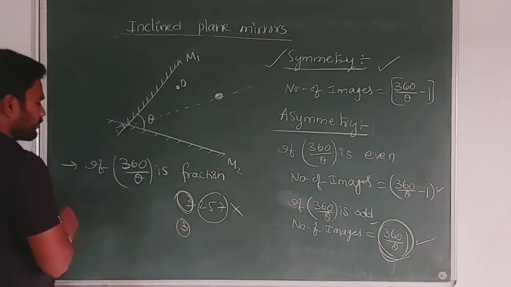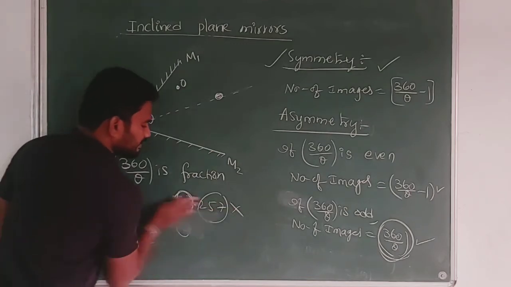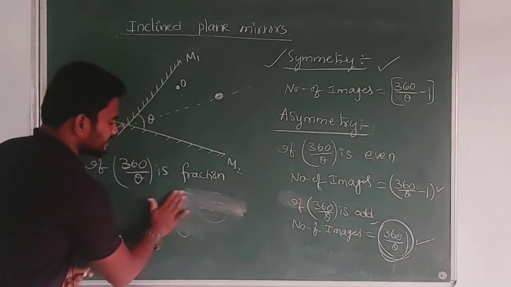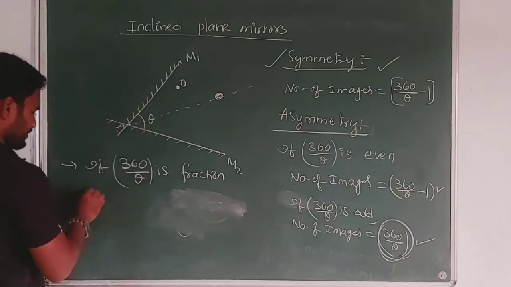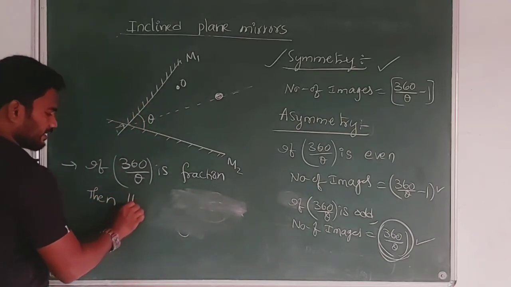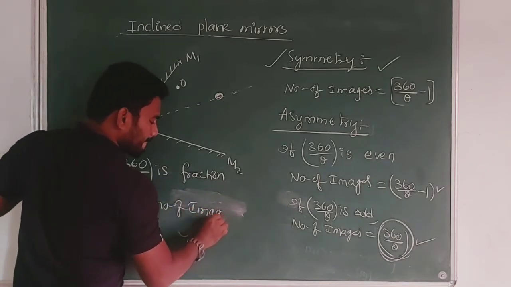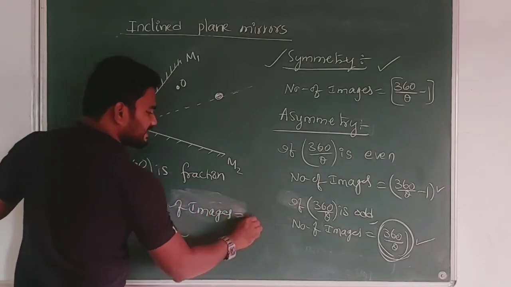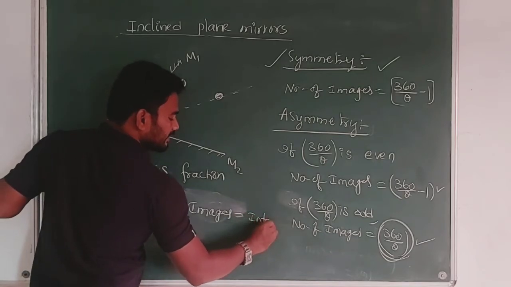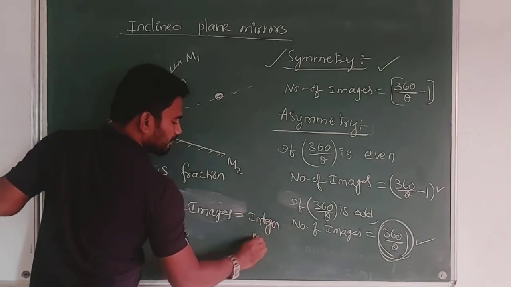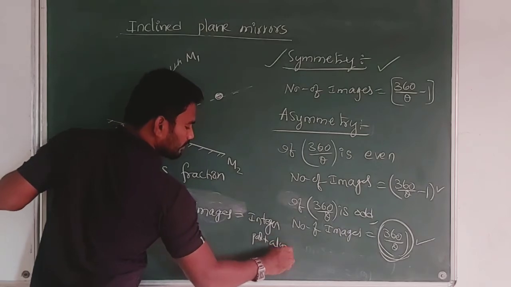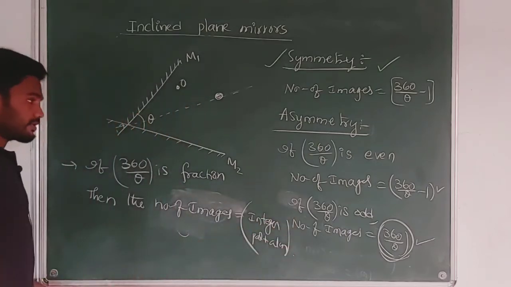Write down this point: if 360 by theta is a fraction, then the number of images is equal to the integer part alone. That's all, students.